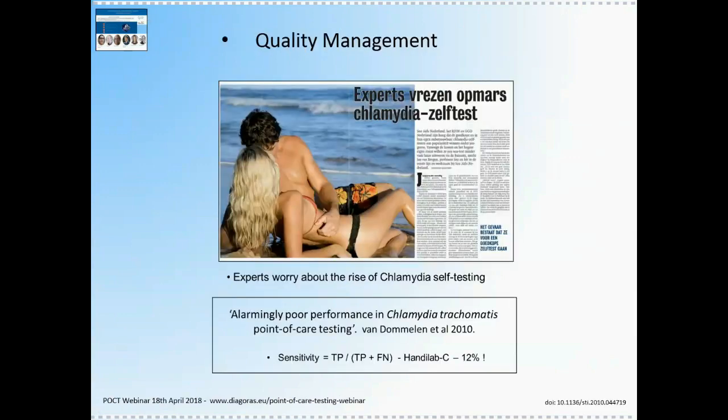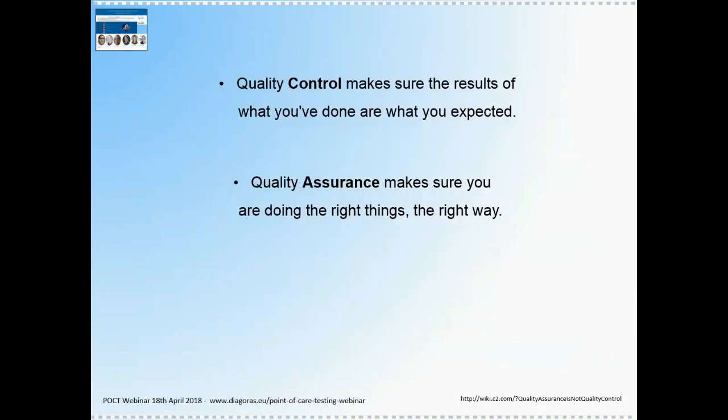You may remember from a previous slide that I talked about quality in terms of, for example, sensitivity and specificity. But in this case, I want to look at the steps that ensure that the original quality of the test, once it is implemented, let's say within the family doctor or within hospitals, is maintained.